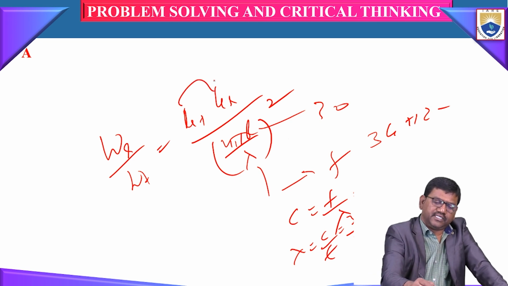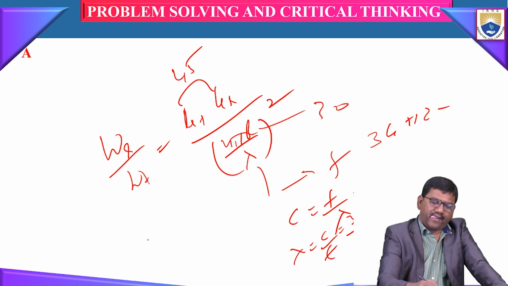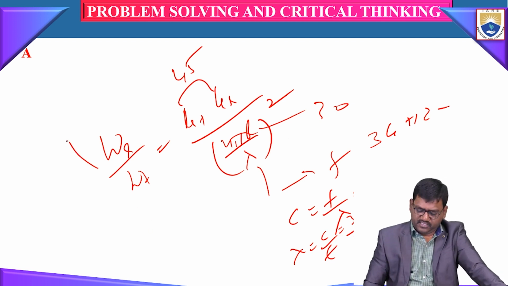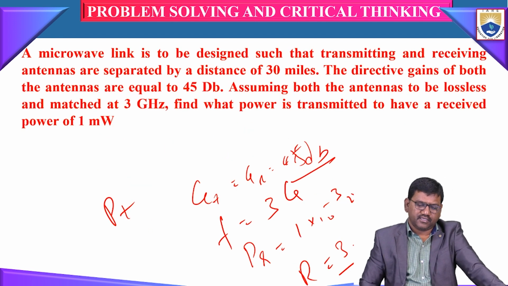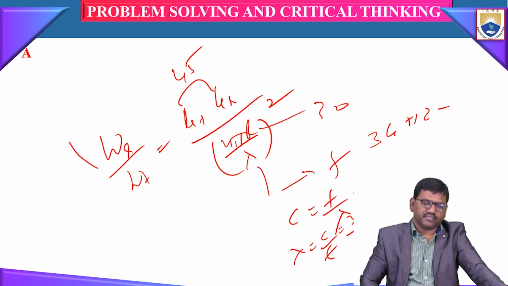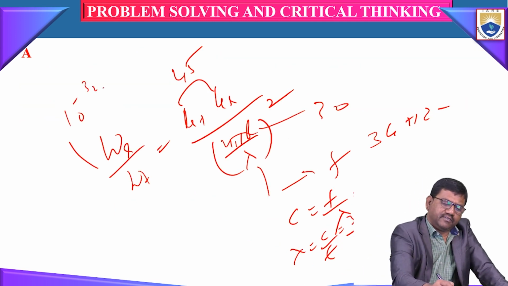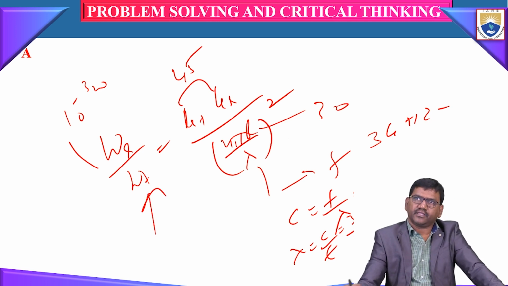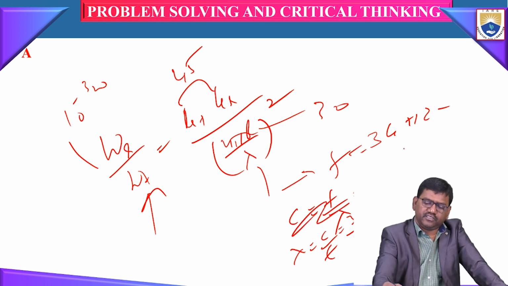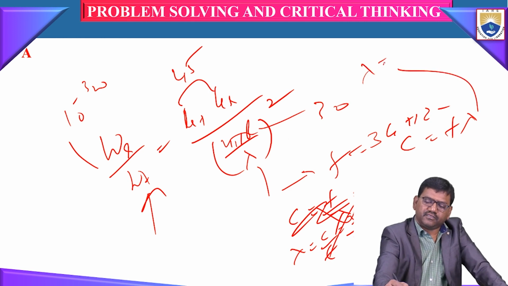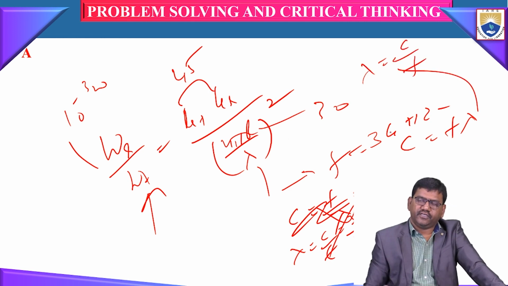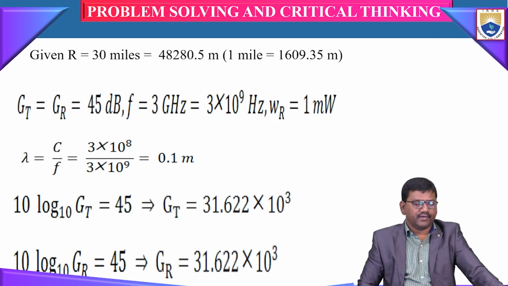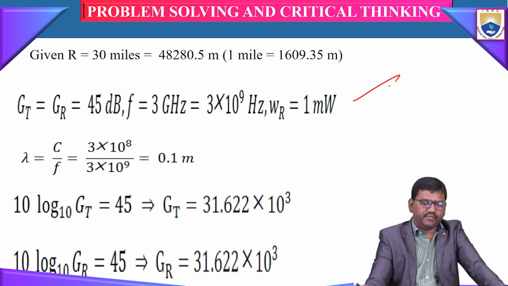And similarly GT and GR are given as 45 dB. And WR, the power received, is given as 10 power minus 3 watts. So from this equation we need to find the value of WT here. So F is equal to 3 gigahertz given, C is equal to F lambda, and from this equation, lambda is equal to C by F. These are the data given.